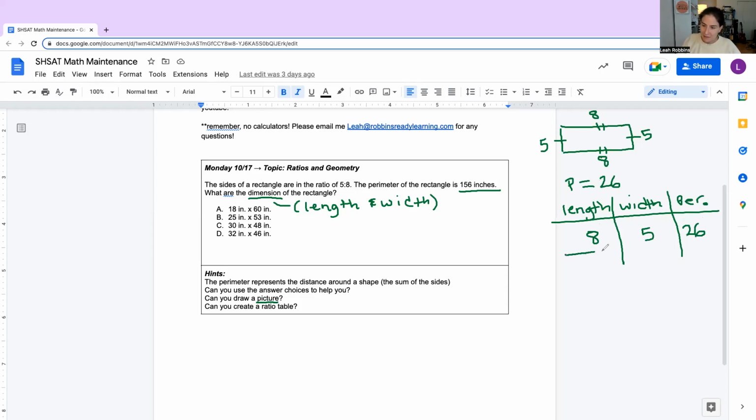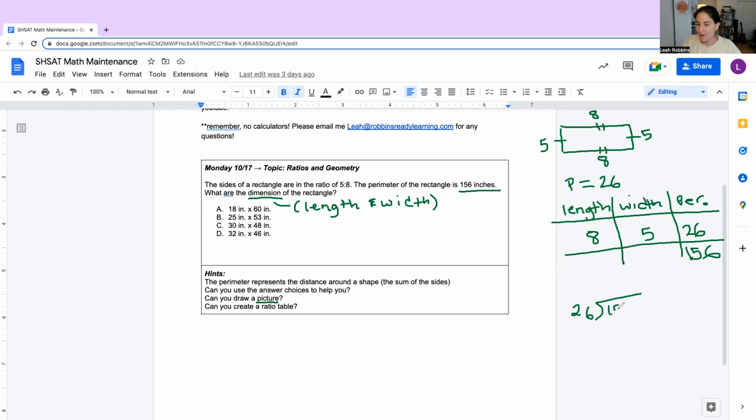Now, they're asking me for new dimensions when my perimeter is 156. So what I have to say to myself is, how do I get from 26 to 156? Or how many times does 26 fit into 156?